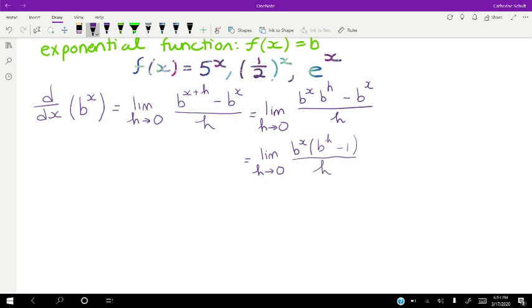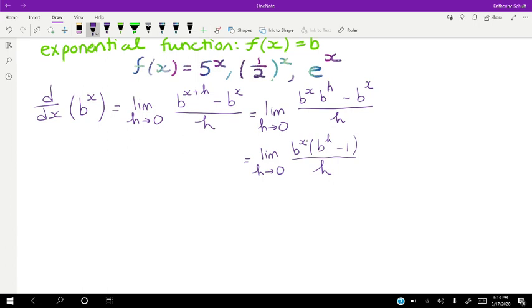Okay, so b to the x times this stuff. Look at this right here. We're taking the limit as h approaches 0. B to the x doesn't have any h's in it. So because that's not part of the limit, it's behaving as a constant as far as h is concerned, because the limit as h approaches 0 only cares about terms or factors with an h in them.